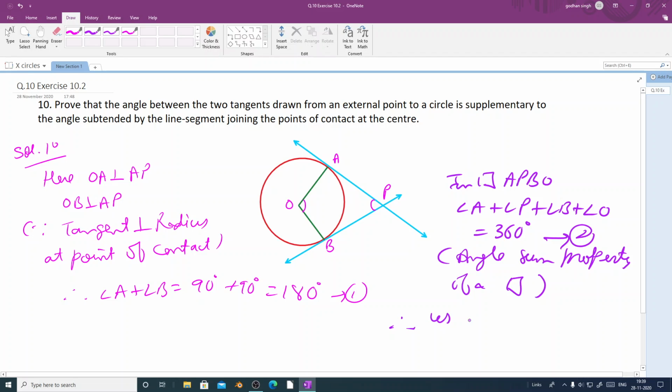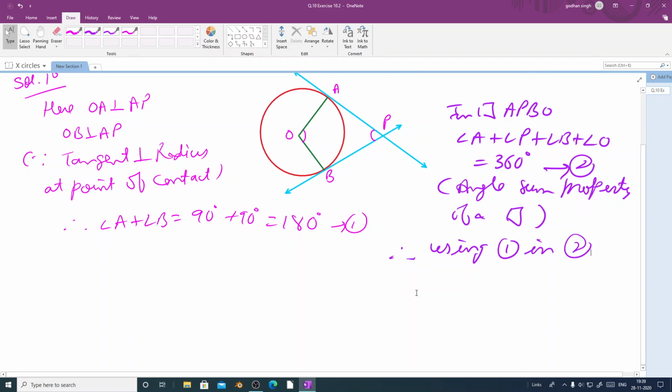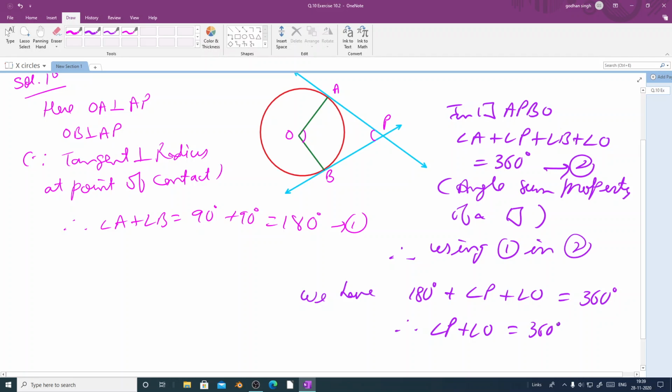Therefore, putting 1 into 2, we have, in place of angle A and angle B, we will put 180 degrees. 180 degrees plus the remaining, angle P plus angle O, equals 360 degrees.